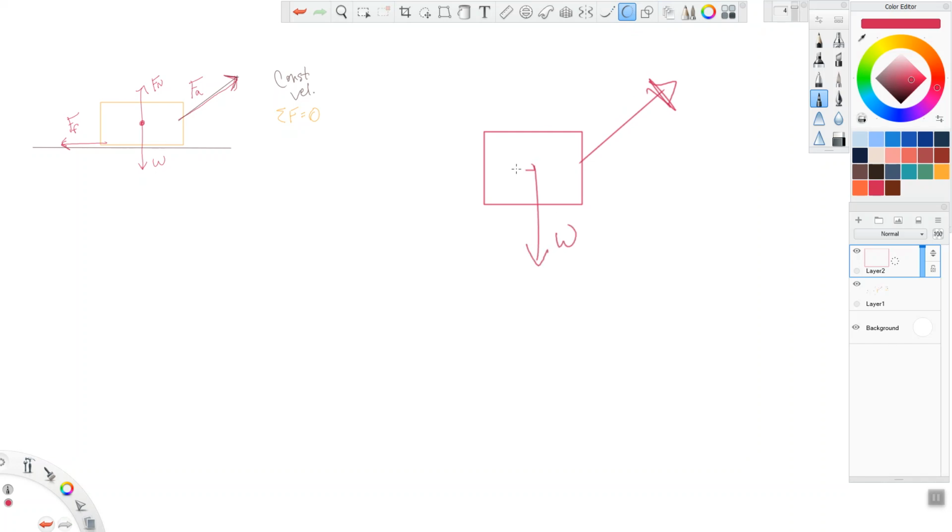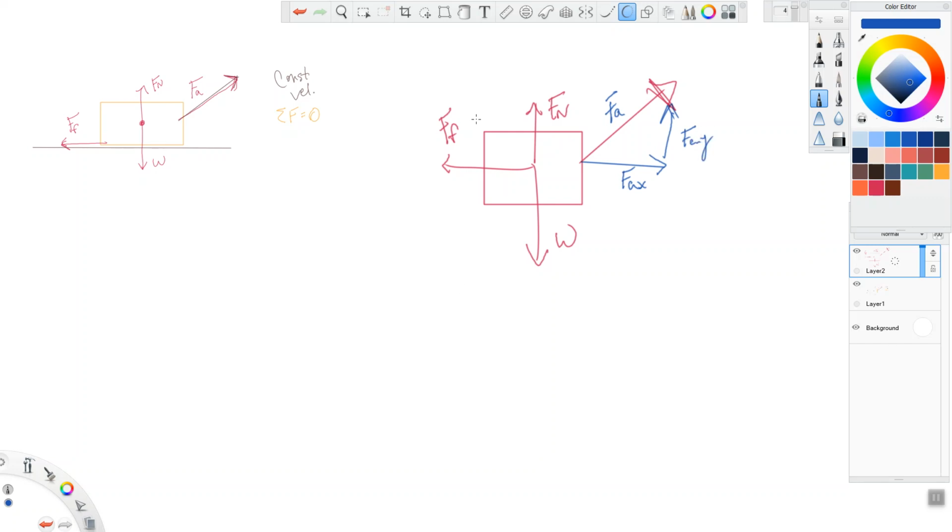Got weight, frictional force, and force normal. Here's what I want you to notice: be able to draw the components of what's going on right here. So I have force applied from the string, or you can call that tension. So this is force applied in the x direction, and then I'm going to have force applied in the y direction.